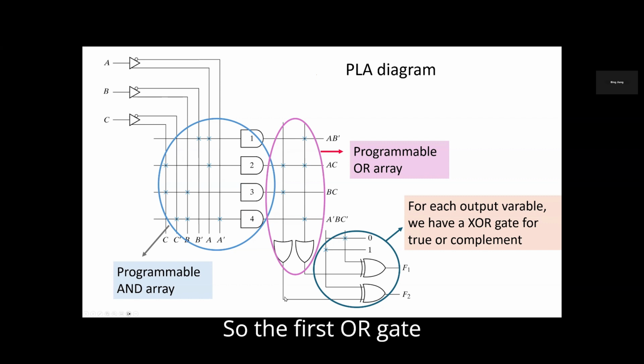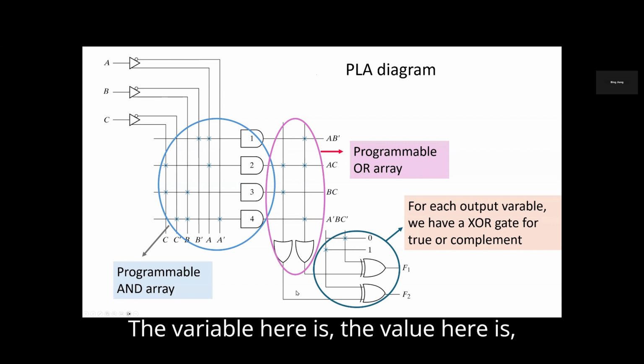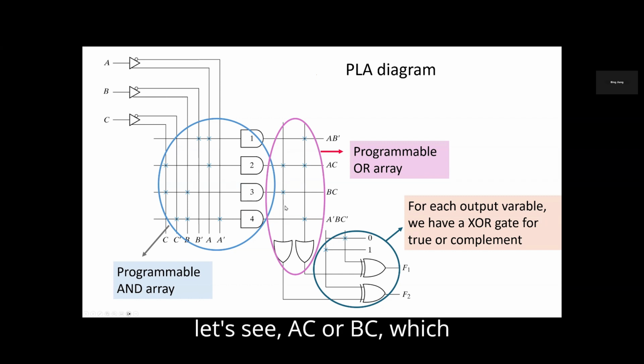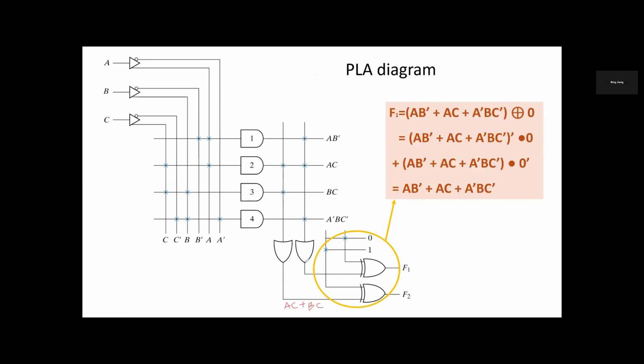So the first OR gate, the value here is, let's see, AC or BC. And on this line, we have three terms: AB prime or AC or A prime, B, C prime.